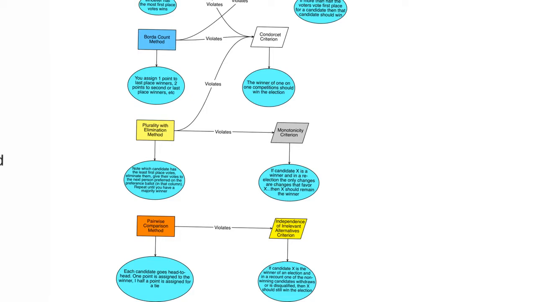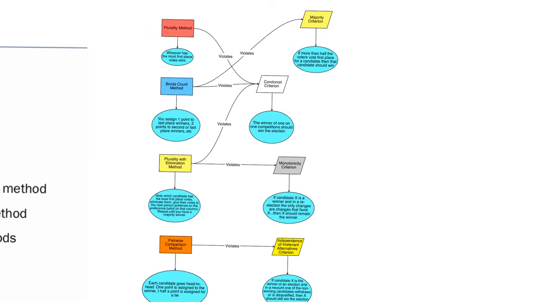So again, the plurality with elimination method has everything to do with figuring out who has the least first place votes in the first round, eliminating that candidate, and then repeating the process until you have a majority winner, until you have somebody who fulfills the majority criterion.